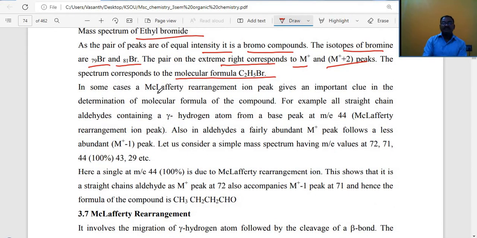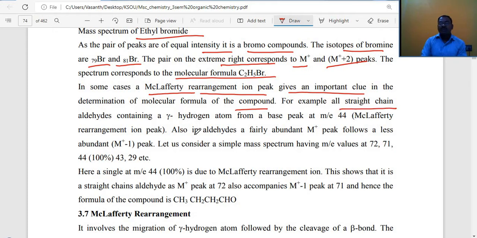In some cases, the McLafferty rearrangement ion peak gives an important clue in the determination of the molecular formula of the compound. For example, all straight chain aldehydes containing gamma hydrogen atoms form a base peak at M/E 44. Also, aldehydes show fairly abundant M+ peaks followed by a less abundant M+-1 peak.